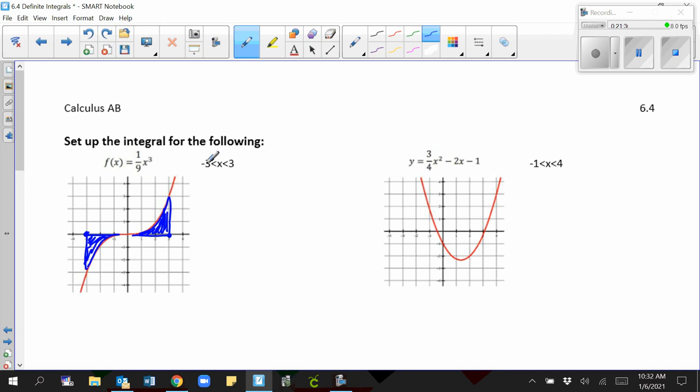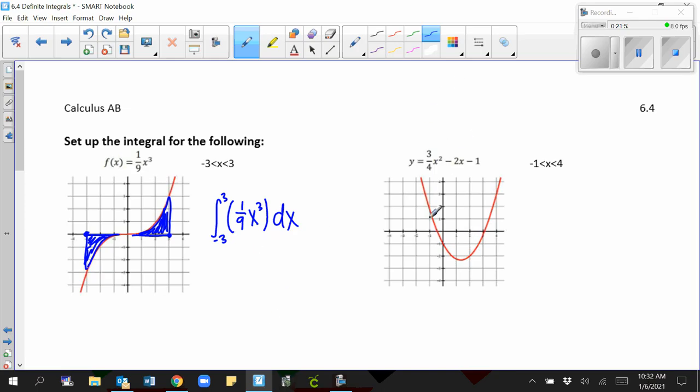So if I'm going from -3 to 3, those are going to be my bounds. So I'm going to go from -3 to 3 right there. And then I'm going to put my f of x equation. So I'm going to have it as 1 over 9x cubed, and then I have to put a dx on the end. So that's how you would practice writing your integrals.